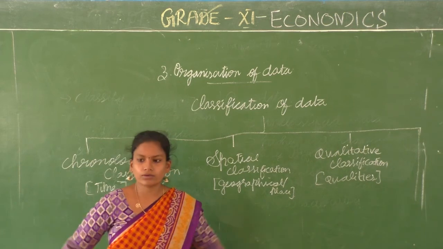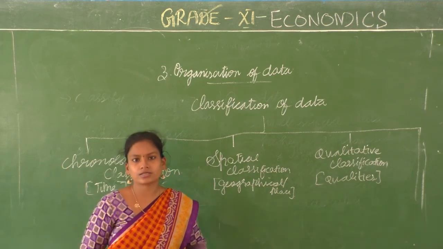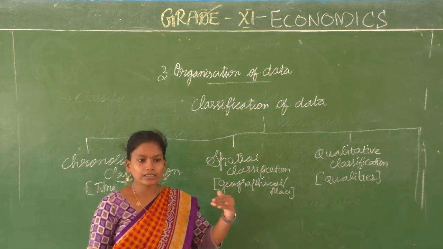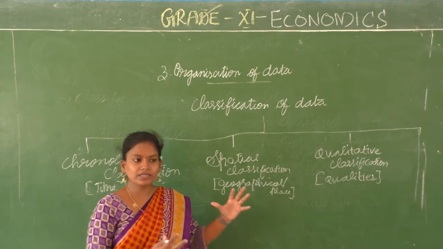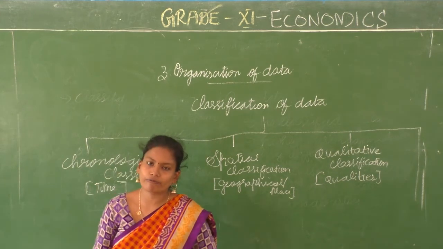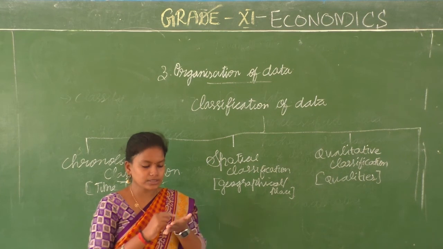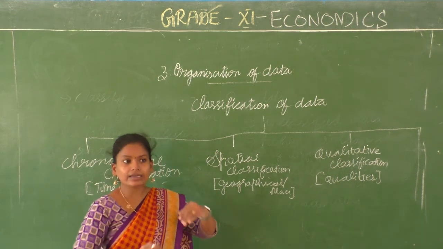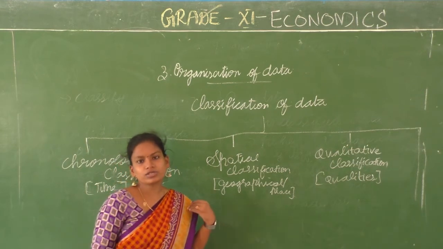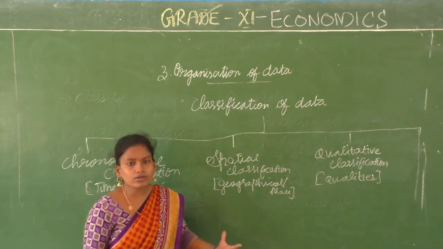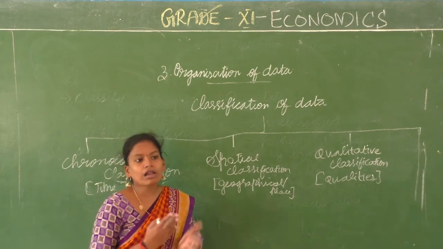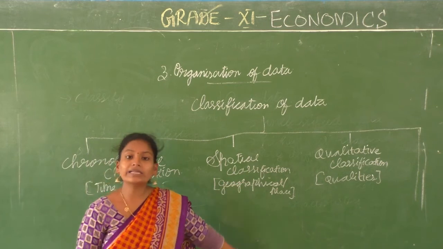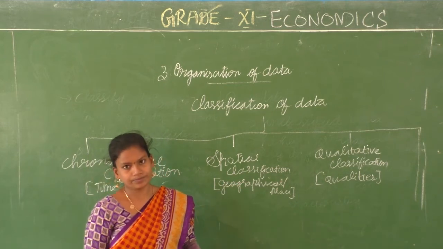When you take a small survey in your class, you are taking in terms of their quality, like helpful. How many students are helpful, how many students are not helpful. So based on their quality, their anger level, whether they are able to dance, able to sing, able to study very well, all those things are called qualities. When you classify your data based on that, it is called a qualitative classification.